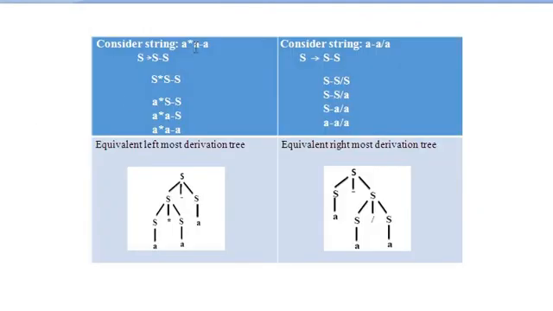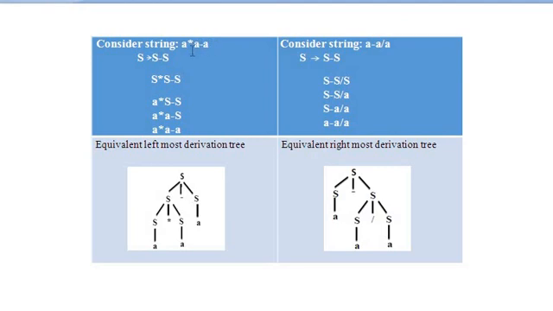Here consider the string A star A minus A. So S gives S minus S. Then for leftmost derivation, first remove the leftmost non-terminal. So S gives S star S. According to your input string, you have to choose the production from the grammar. First, for leftmost derivation, I choose it from the right hand side.